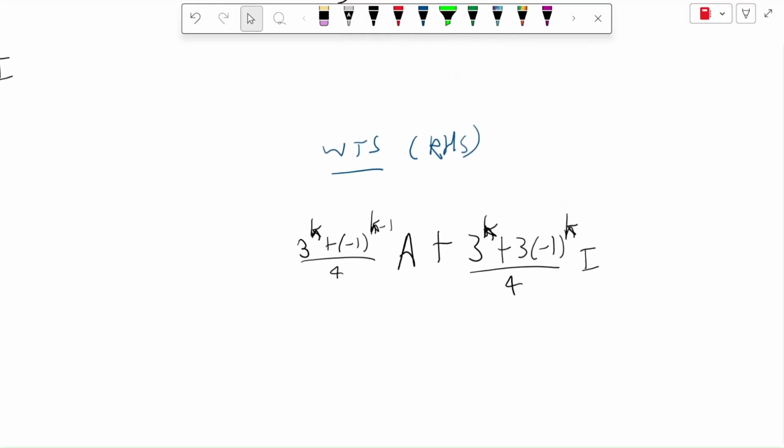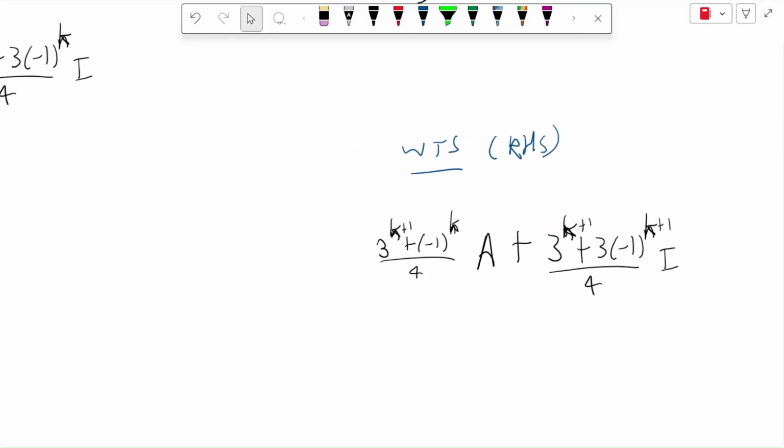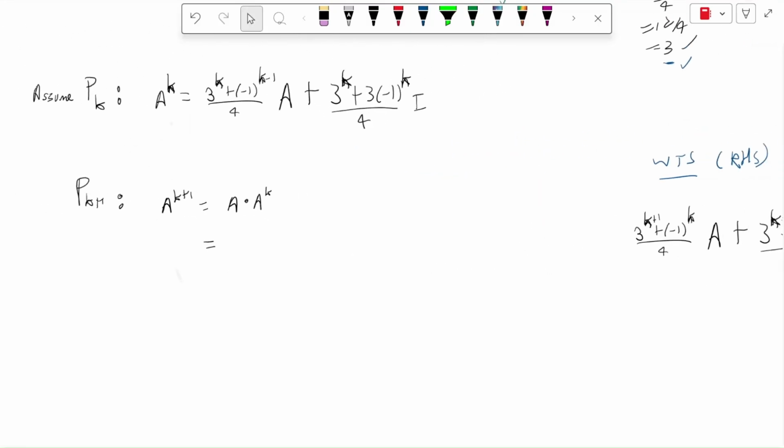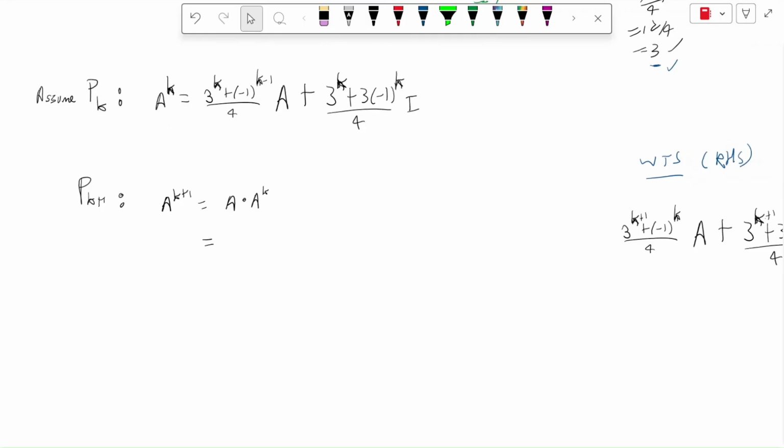So on our right-hand side, we're going to have 3^(k+1), that's (-1)^k there, 3^(k+1) and plus 1 in there. So hopefully that should all play out nicely. Let's see. Might simplify down more, I'm not exactly sure, but we'll find out. So this is A into, well, it's into all that stuff.